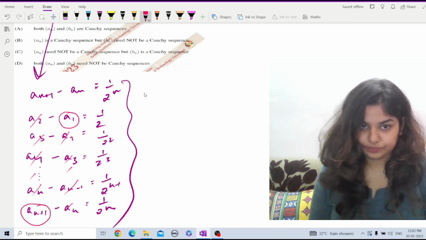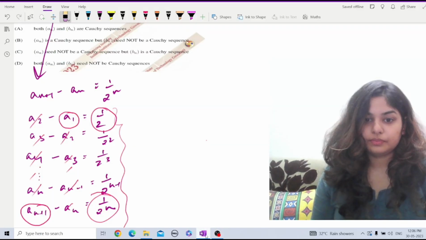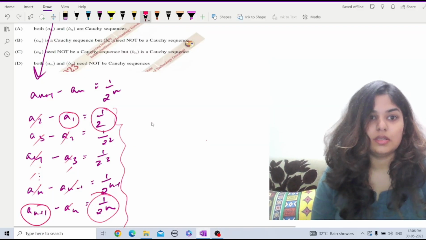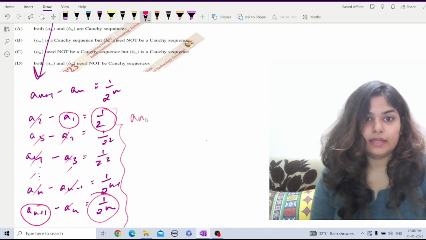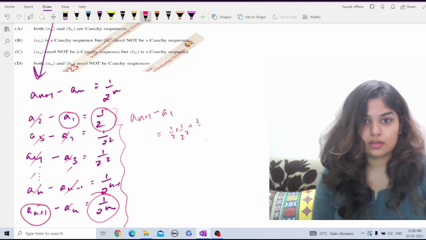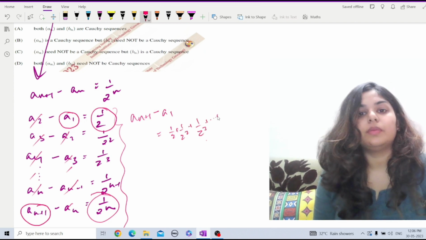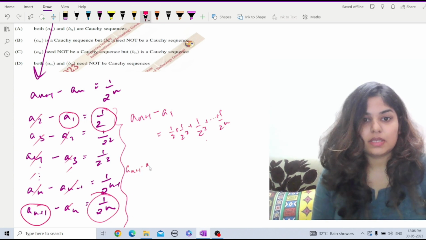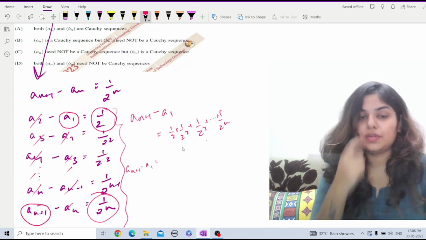So what do we get? The summation of the series will become AN plus 1 minus A1 is equal to half plus 1 by 2 square plus 1 by 2 cube plus dot dot dot plus 1 by 2 to the power n. So this is our GP series.